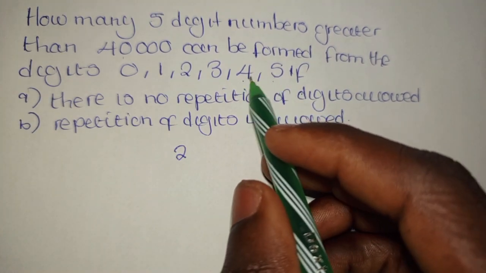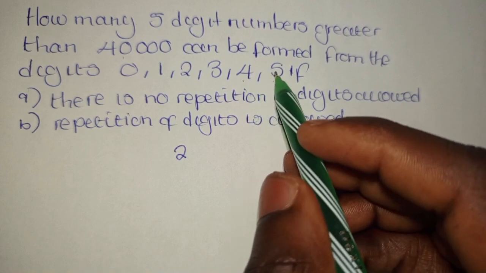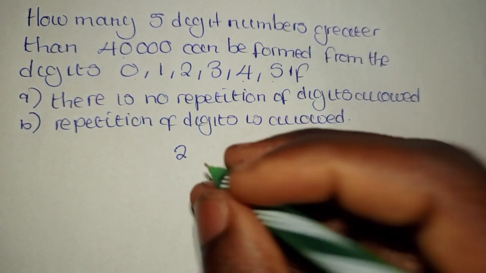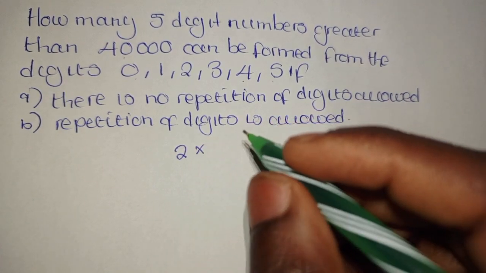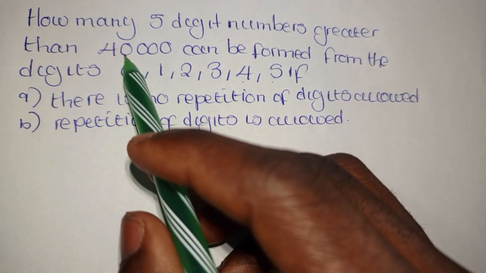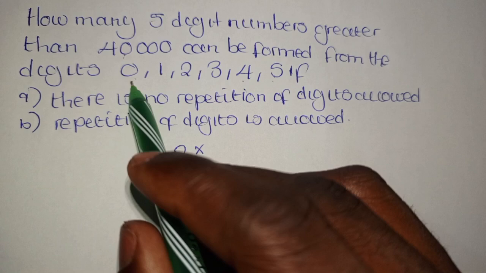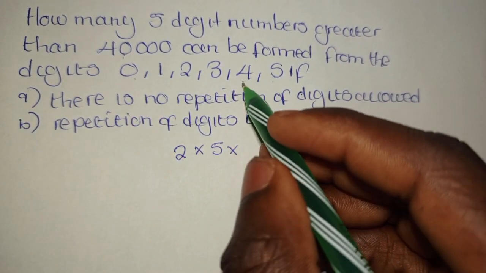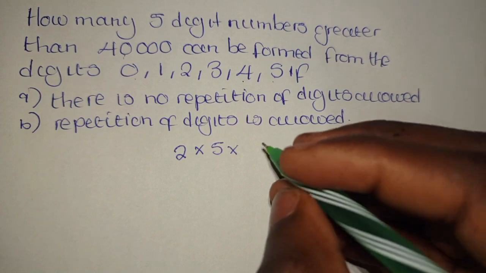But if you use one of them, you only remain with how many digits? 5 digits. So the second place can only be occupied with the 5 digits. If you use one of the 5 digits, you remain with 4.